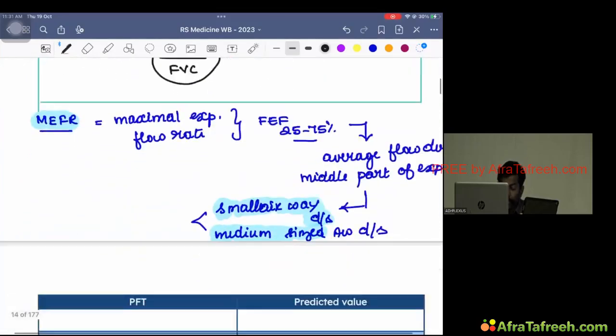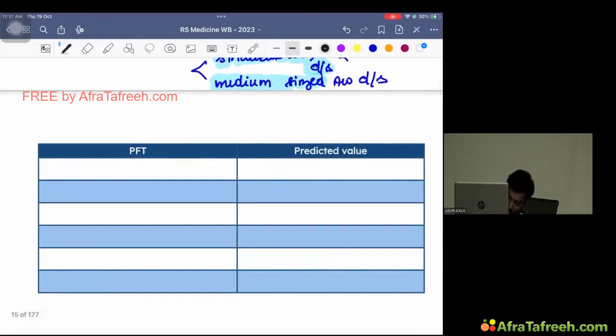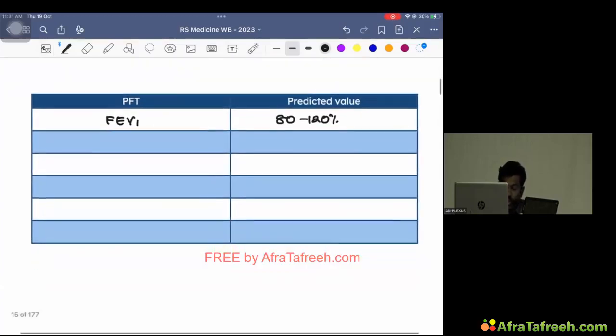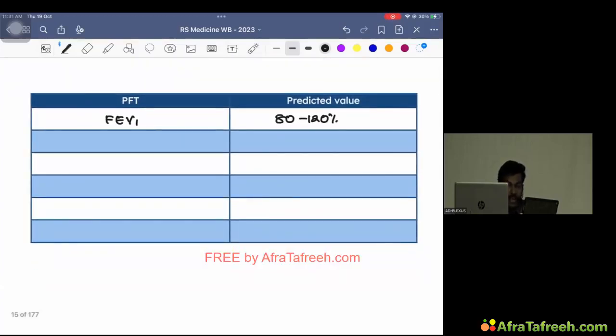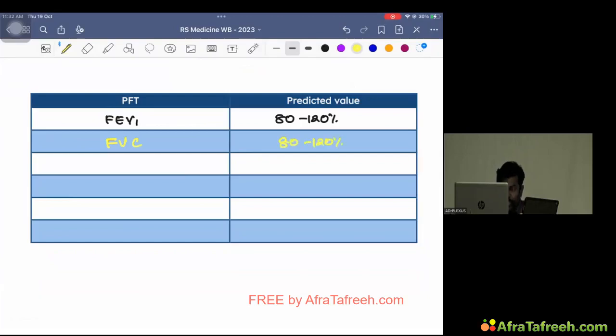What are the normal values? For FEV1, the predicted or expected value is 80 to 120%. For FVC, the normal value is again 80 to 120%.